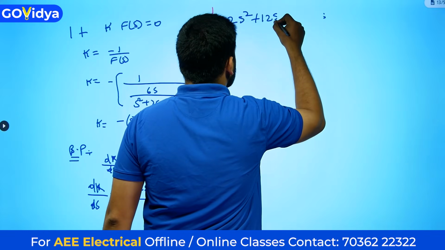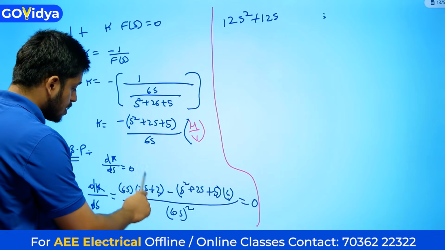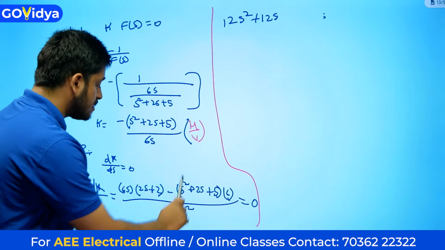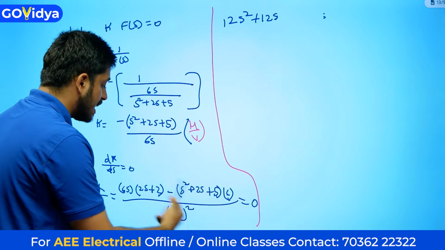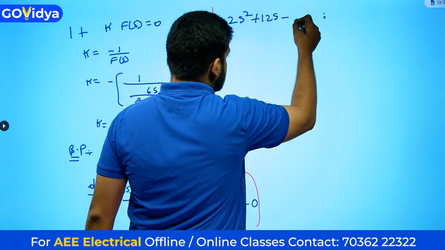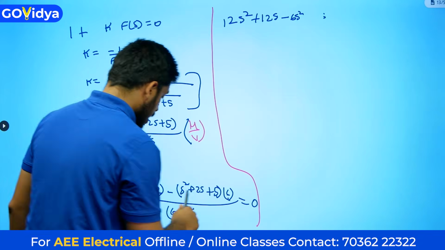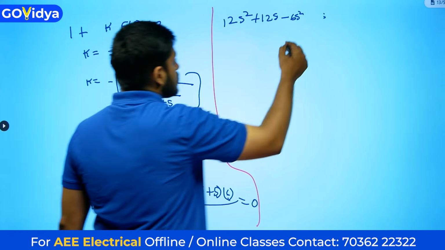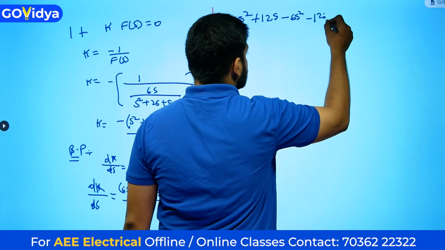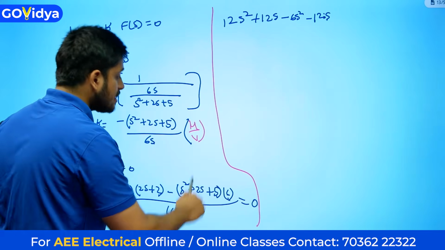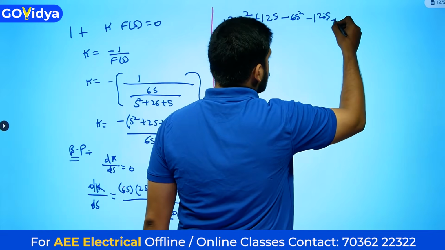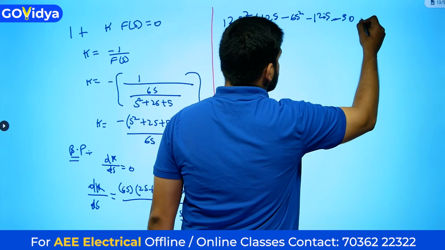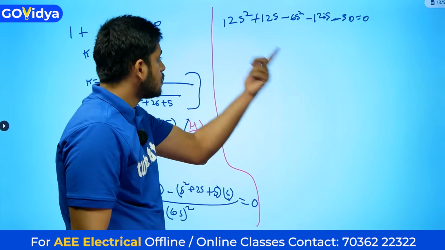Sorry. So here it is 6 into 12s square plus 12, again it is multiplied with 6 and minus also. So let us assume minus 6. So minus 6s square, and 6 into 12s is 12s, and minus 6, so minus 12s. 6 fives are 30 and minus, so minus 30 is equal to 0. Okay, this is the equation.